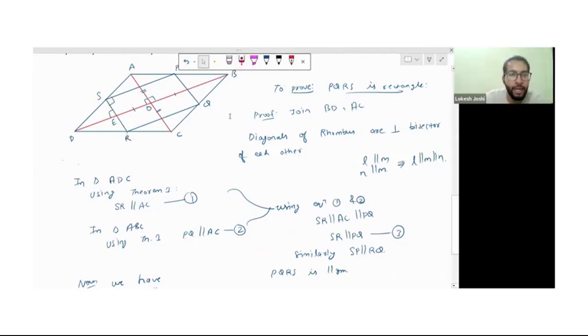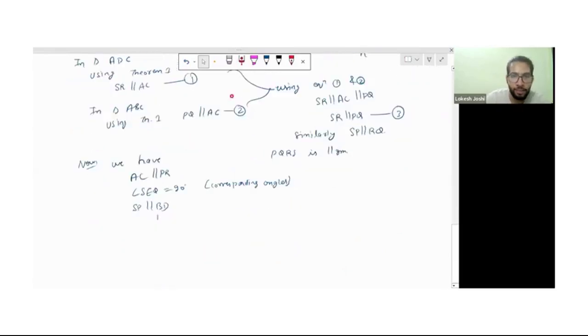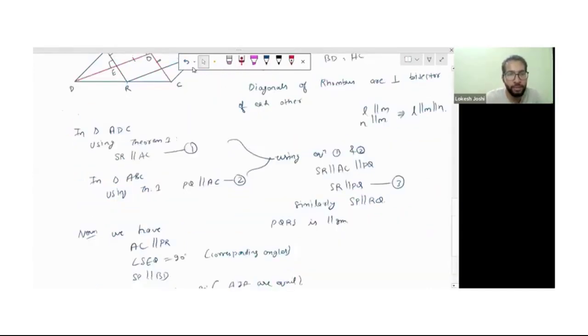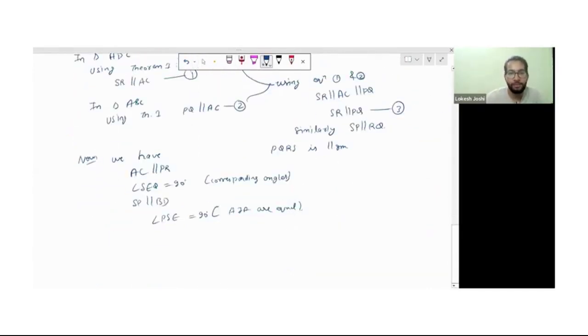So I can say angle PSE is equal to 90 degrees because alternate interior angles are equal. Okay. Now if angle PSE is equal to 90, then I can say angle PSR is also 90 because it's the same. Angle PSR is equal to 90 degrees.